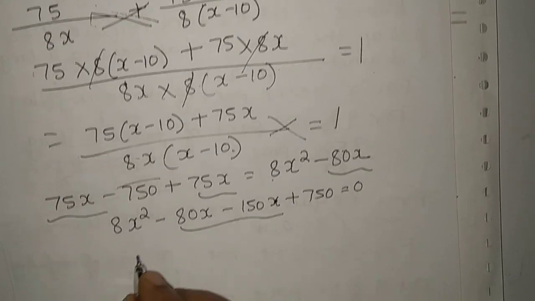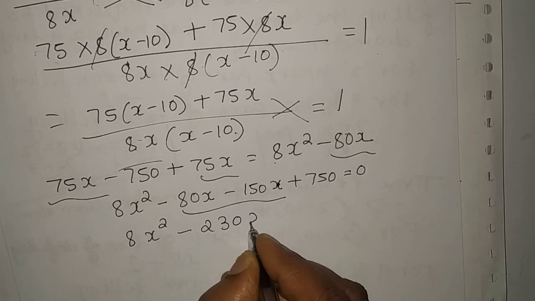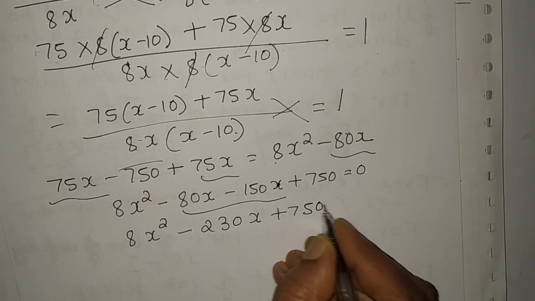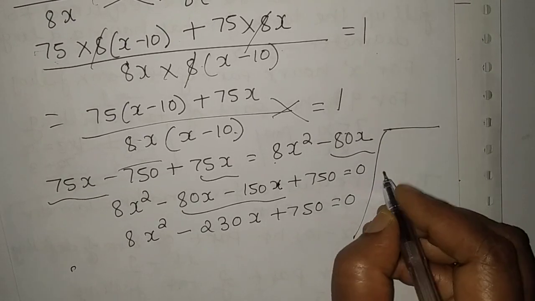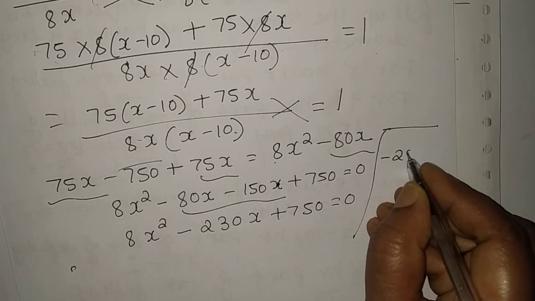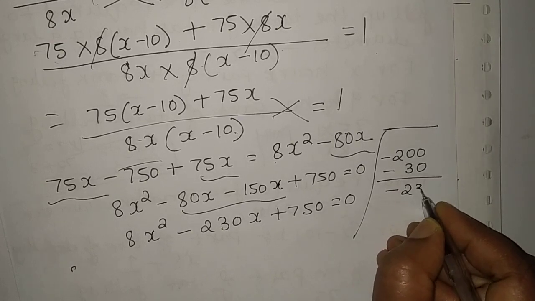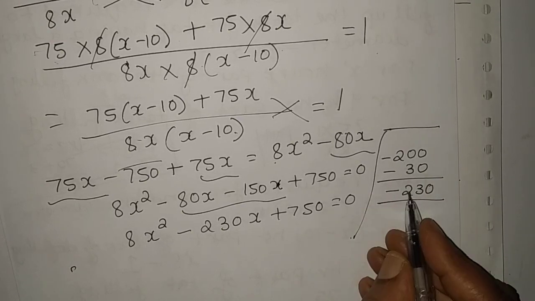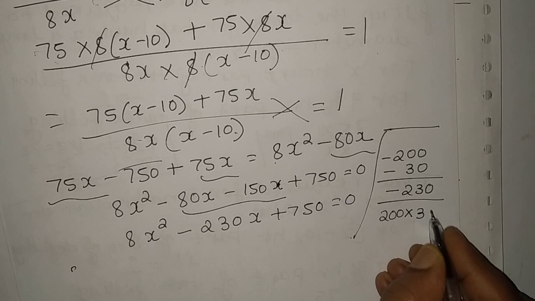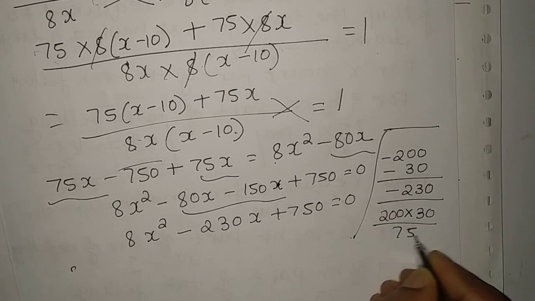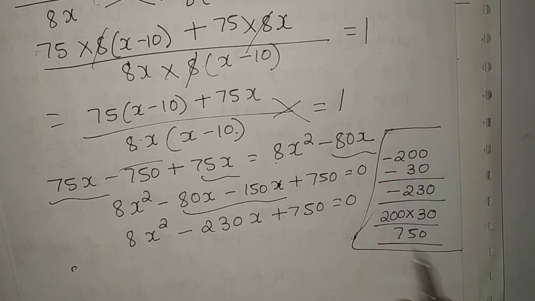Add these two, then 8x square minus 230x plus 750 is equal to 0. Now I'll show here the working. That is minus 200 minus 30 is minus 230. Then 200 into 30 will become 750. This is the calculation or simplification.